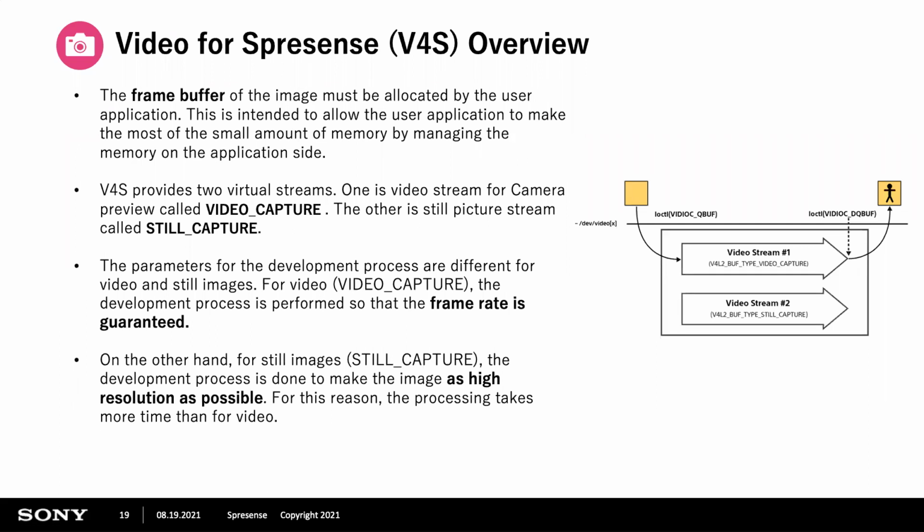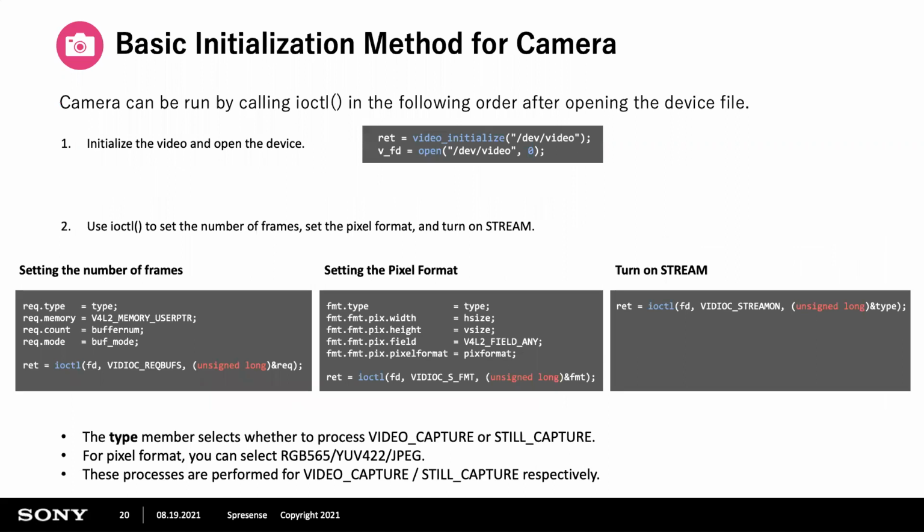And when you're working with the picture, you need to make sure that it has high resolution. That's why the processing is different for each of these. And it may take longer to process the picture because you need to get high resolution. Knowing this basic about the camera, let's look at the programming, how we program the camera.